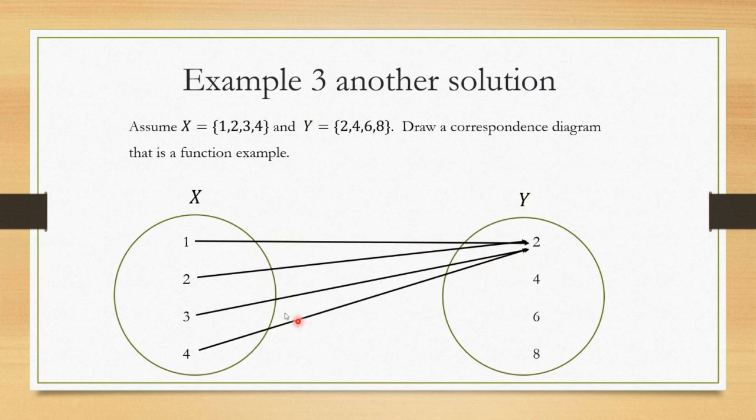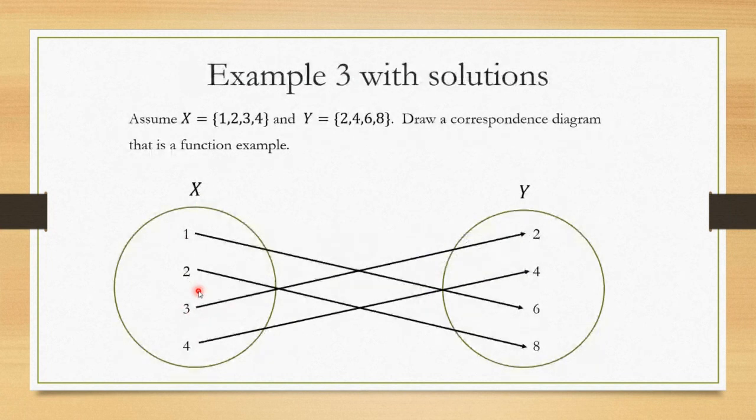That is a function, actually, because each number in the domain is assigned to only one element in here. So in terms of a correspondence diagram, each element of the first set only has one arrow coming out of it. Again, that's why it's a function.